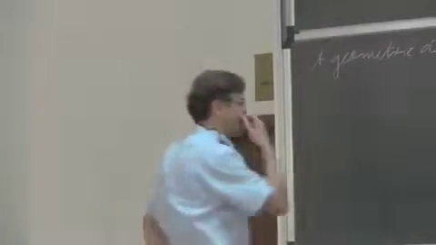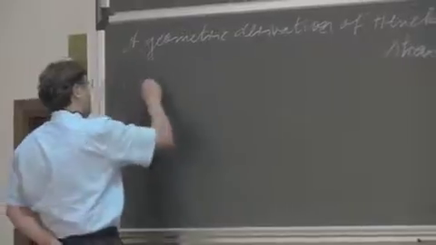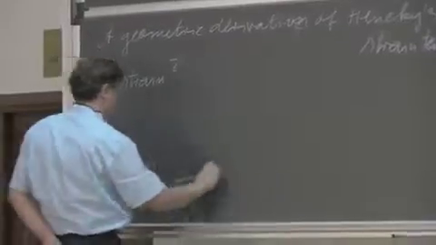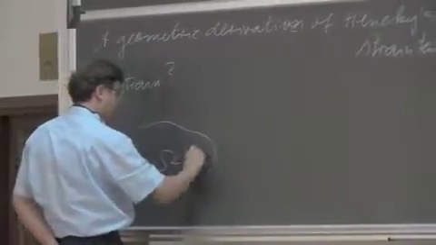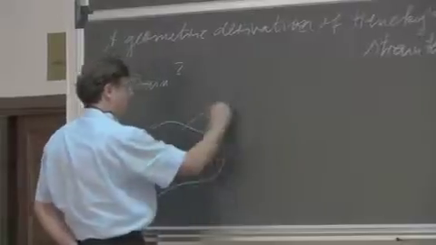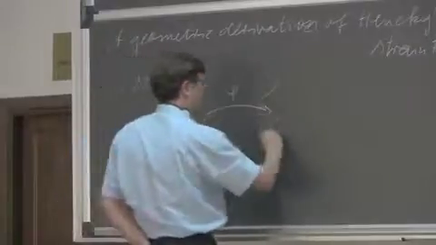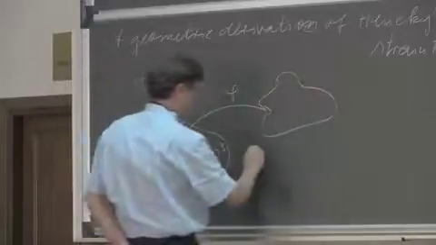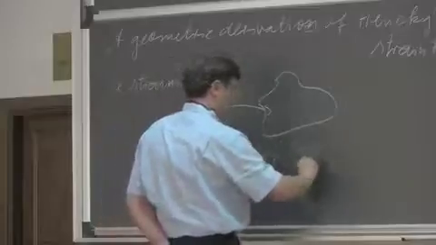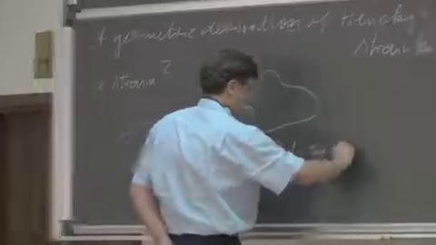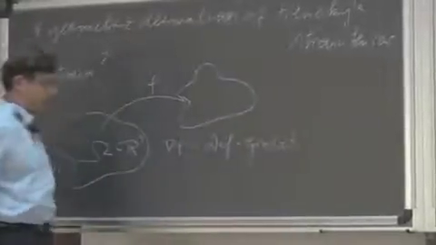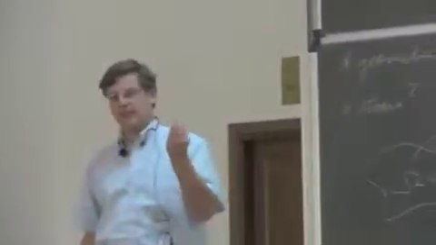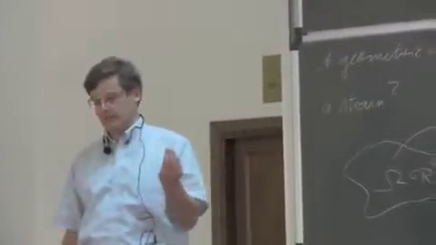So the first thing is a strain. What should a strain be? Well, we have a domain omega in R3 for definiteness, and a map phi mapping the domain to some actual configuration. We have the gradient of phi, the deformation gradient, a 3x3 matrix or second order tensor, and we want to measure how much phi differs from a rigid movement.